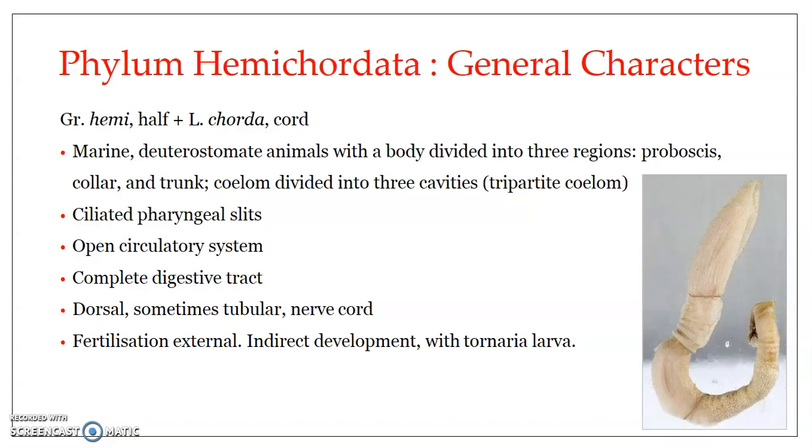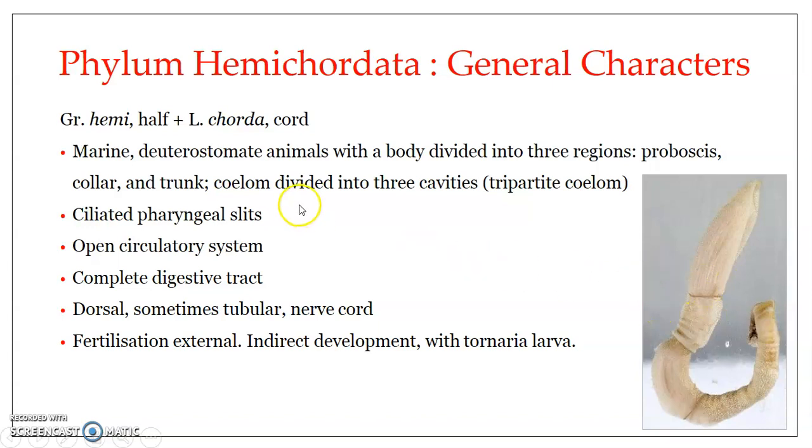Most of them are burrowing and tube dwelling marine forms. So hemichordates include exclusively marine forms, usually burrowing and tube dwelling, vermiform in nature, enterocoelous, deuterostomate animals. Now we'll look into the other features.